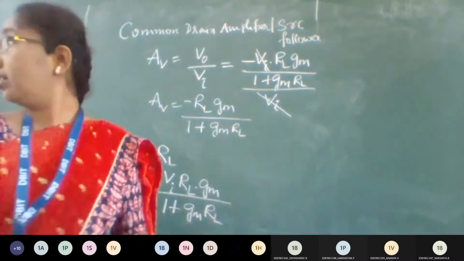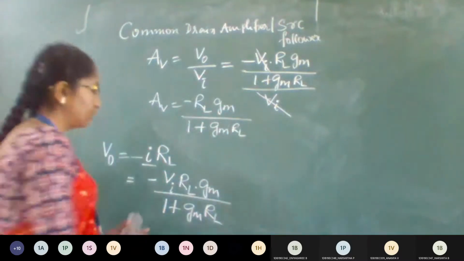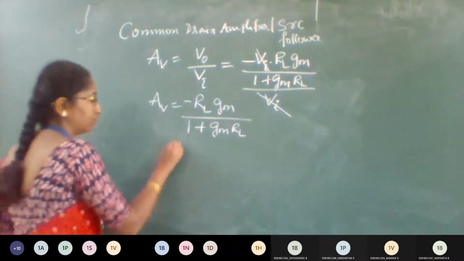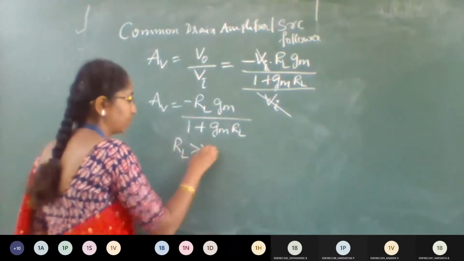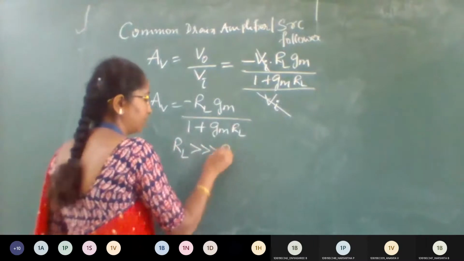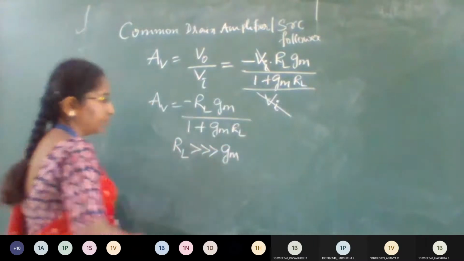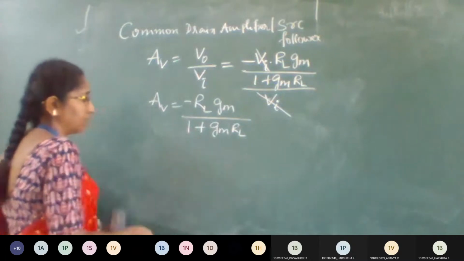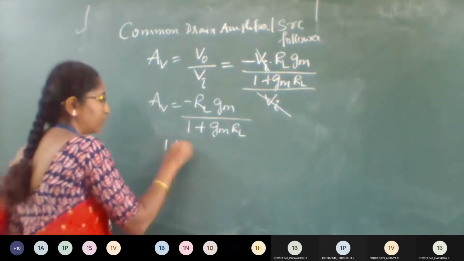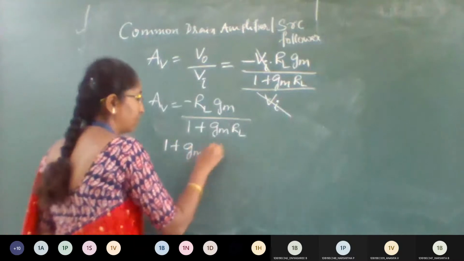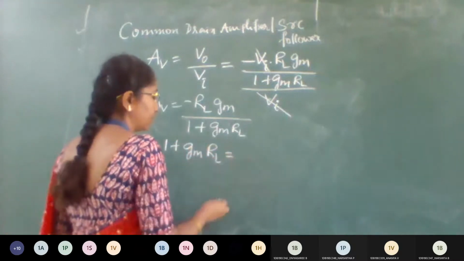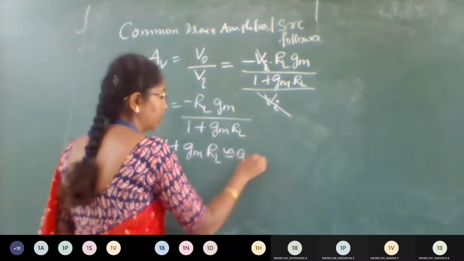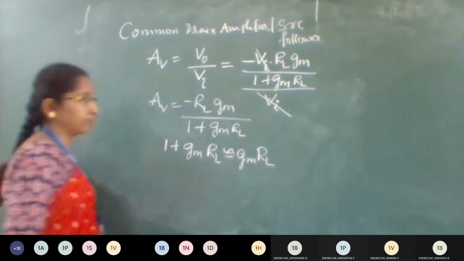So we approximate 1 plus Gm RL as just Gm RL.